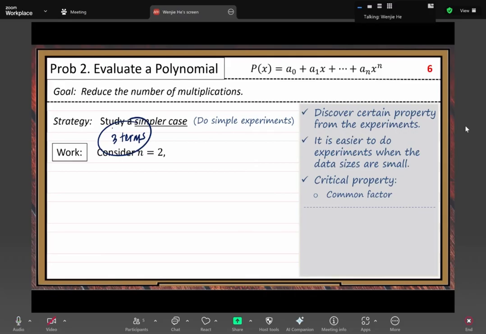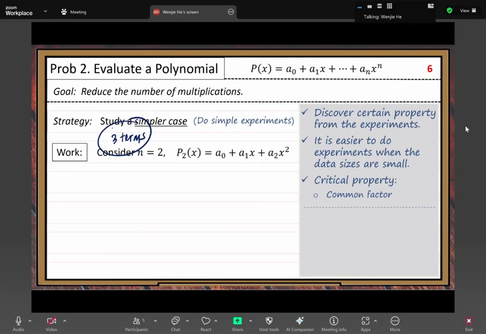Too few terms, nothing we can do. We just stare at it and do nothing, right? If you have 3 terms, you have some room to work, so you can do some meaningful work. Otherwise, there is no room to do the manipulation.